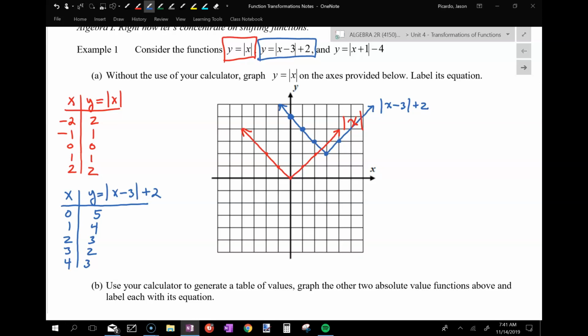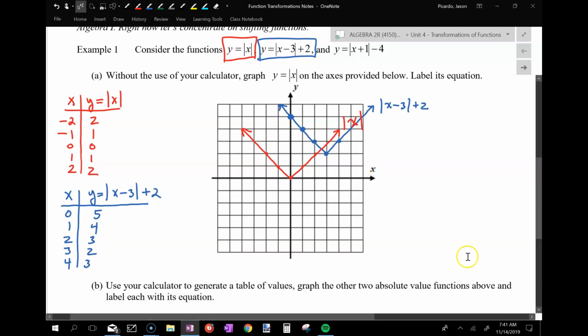Ariel, if you look at this red graph, can you agree that it's the same size? Well, I'm going to use the word size loosely. Do you agree that the V is opened up the same amount in both?